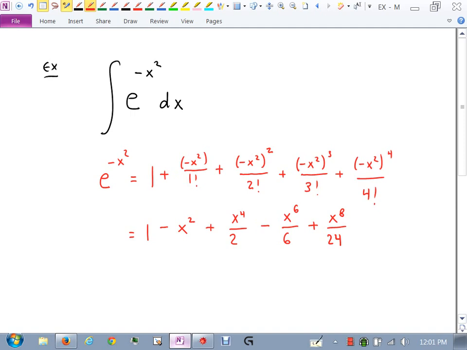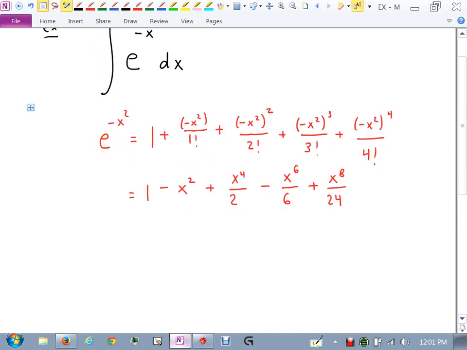And now if someone needed me to integrate that, I could integrate that pretty easily, couldn't I? Term by term integration. So what would the antiderivative of e to the negative x squared be?